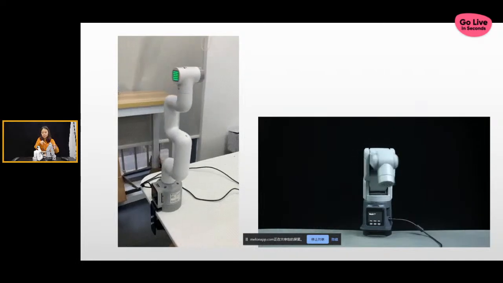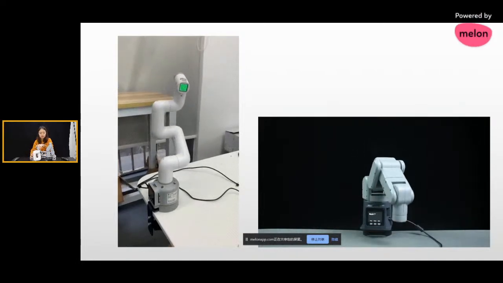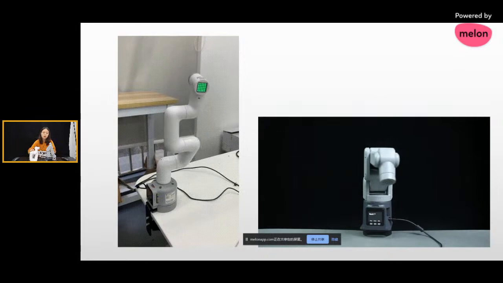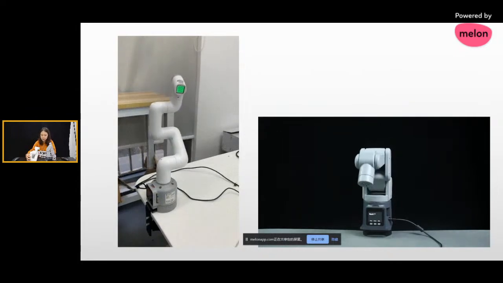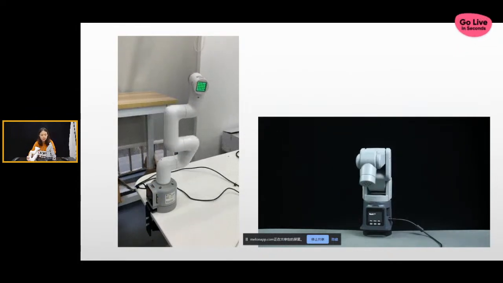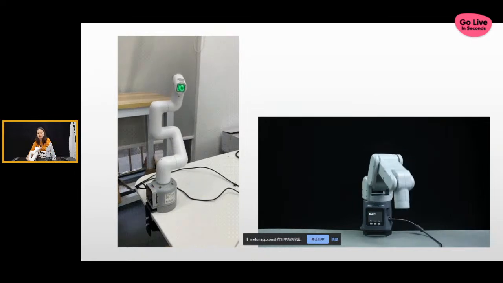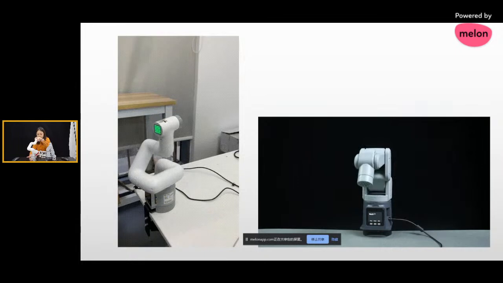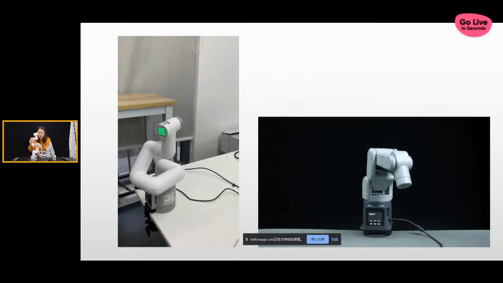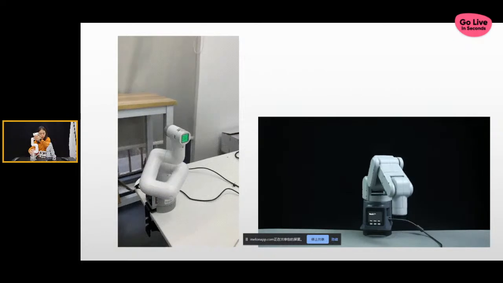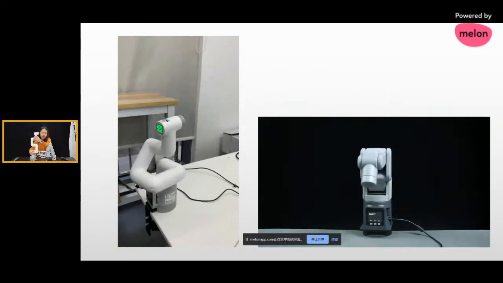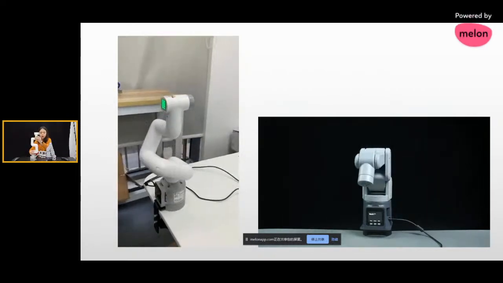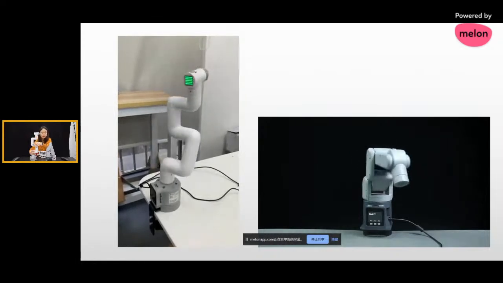And I have to say that when this one, the myCobot 280, is working, it has a little bit of jitter. That means it will shake a little bit when it's working because of its structure. It is not bilaterally supported. So please understand that.